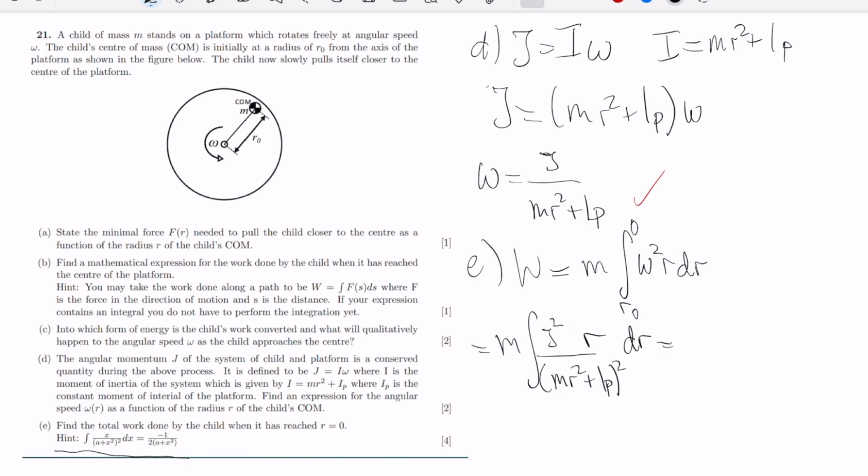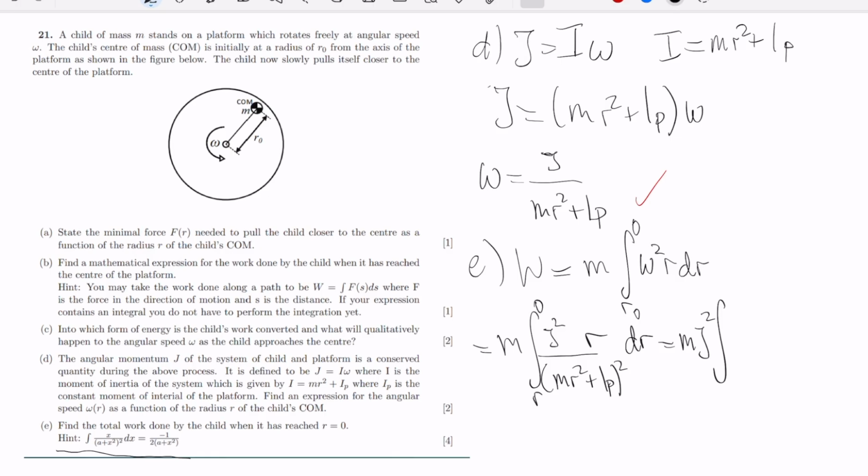Let's take some constants outside of the integration sign. So we're going to get m J squared, the integral. This integral, by the way, is between 0 and r naught. Okay, 0 to r naught. What do we have inside? r over (m r squared plus I_P) squared, such as this.